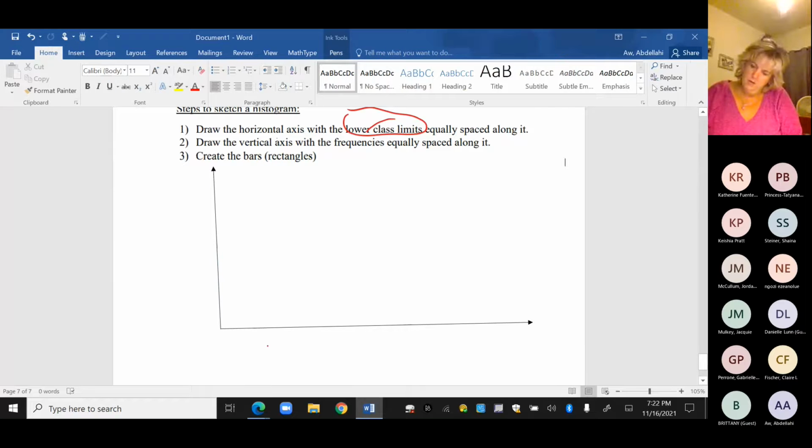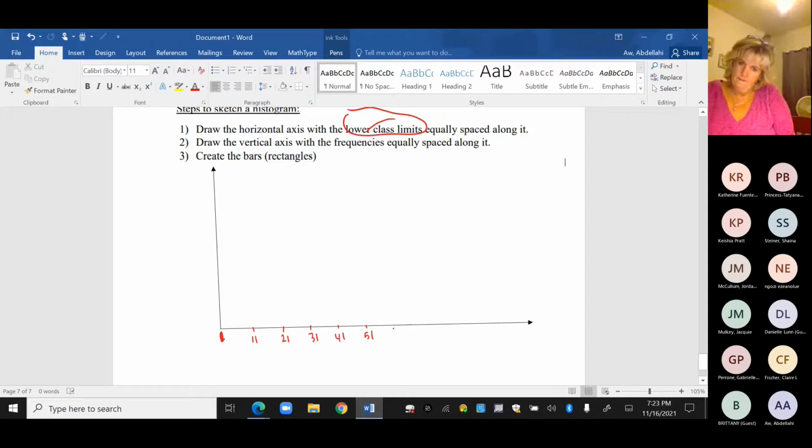We're going to put exactly the lower class limits. They go from 1 as the first lower class limit. And what is the next one? It's 11, right? 1, 11, and then 21, 31, and then 41, and then 51, right?